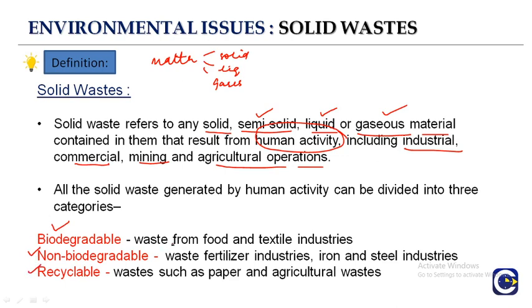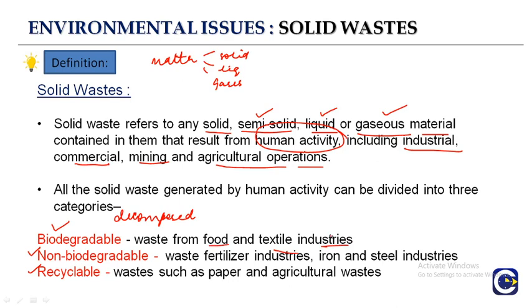and recyclable. Biodegradable means waste which can be easily decomposed with the help of microorganisms. Waste from the food and textile industries which is decomposed by microorganisms is known as biodegradable waste, right?